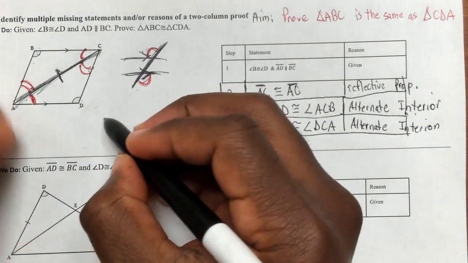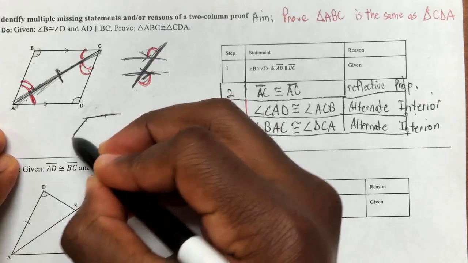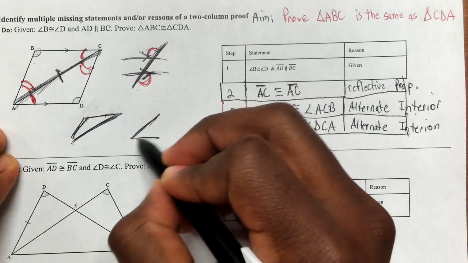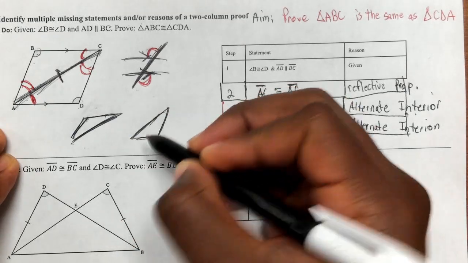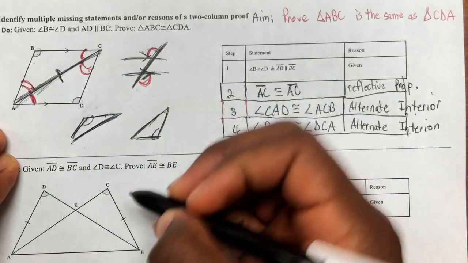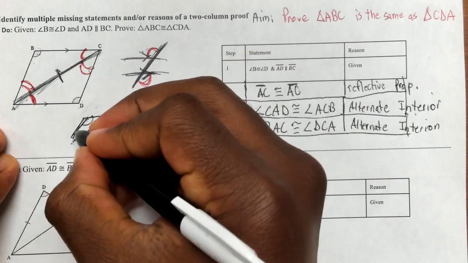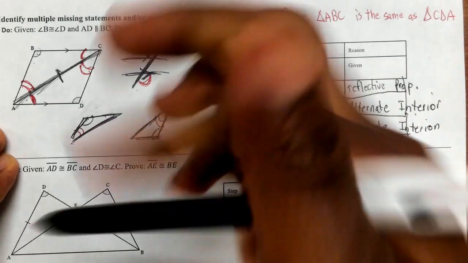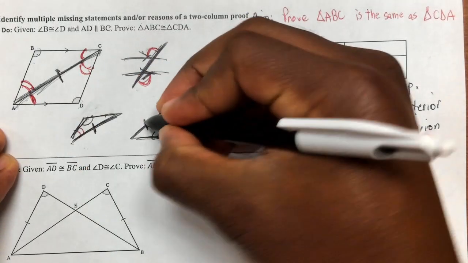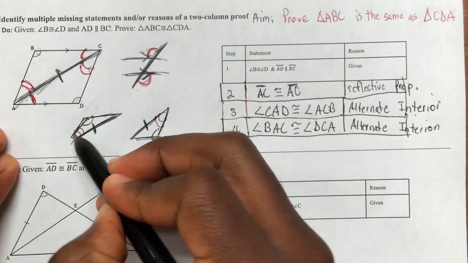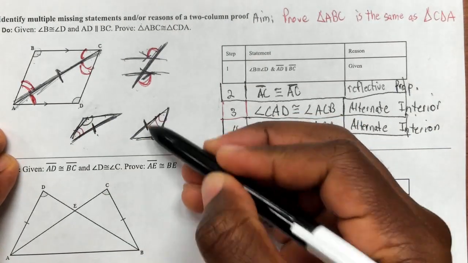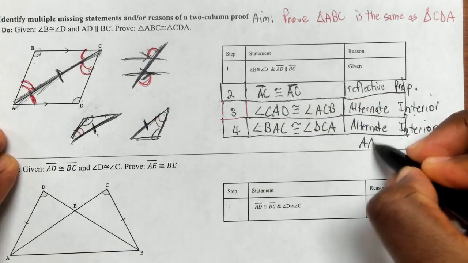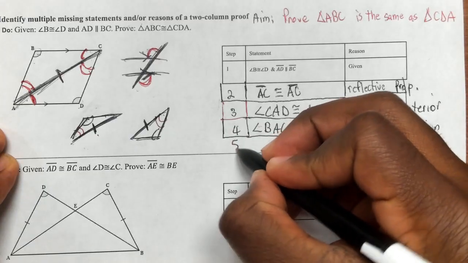If we separate the top triangle and the bottom triangle, we know this angle and this angle are the same, and this side is the same for both. By angle-side, these triangles are the exact same.